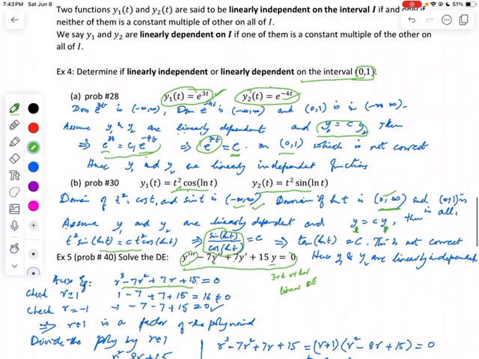So we start by plugging in r equals 1. When I plug in r equals 1, the left side is not 0. It comes out to be 16, so we discard r equals 1. Now we check r equals negative 1, and by chance this gives us 0. So we are good: r plus 1 is a factor of the polynomial.